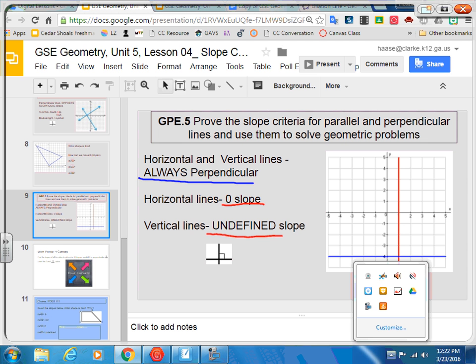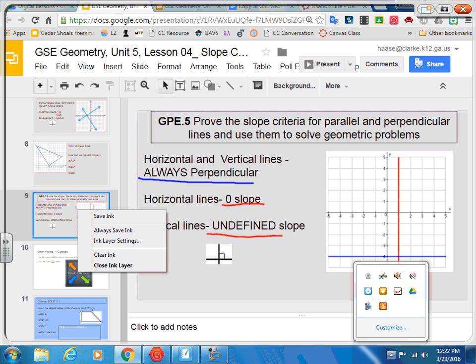Parallel lines have the same slope. Exactly. Great. All right. Horizontal and vertical lines are always blank. Think for 3, 2, 1. Vertical and horizontal lines are always perpendicular. If you can remember those 3 things, you're going to be really successful today.